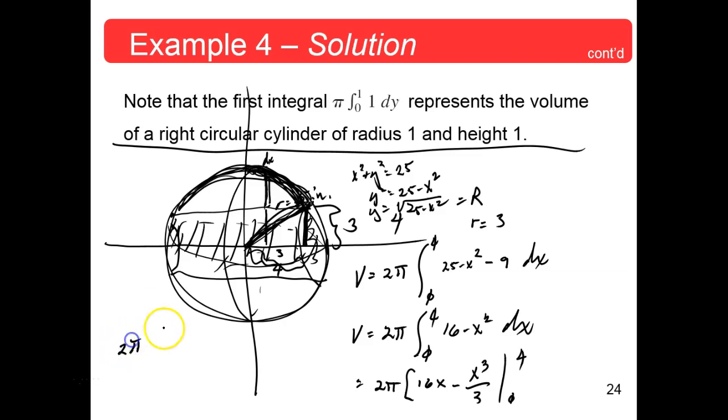2 pi times 16 times 4. 64 minus 64 thirds. Okay? And I'll do the 0 part, done. Okay? So this is 2 pi times. Now, here's how I do this problem. It's a little bizarre. Factor out the 64, you have 1 minus 1/3, right?